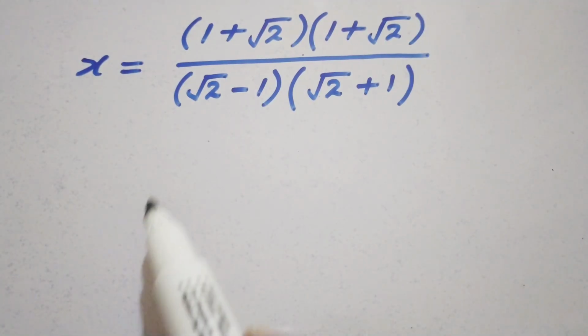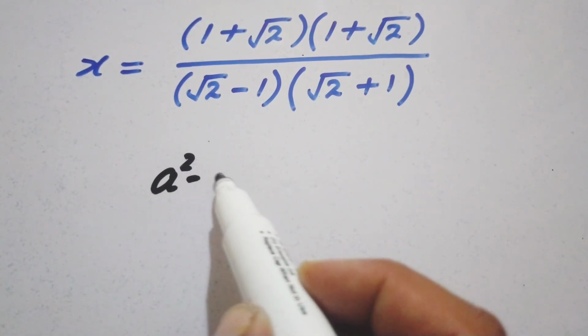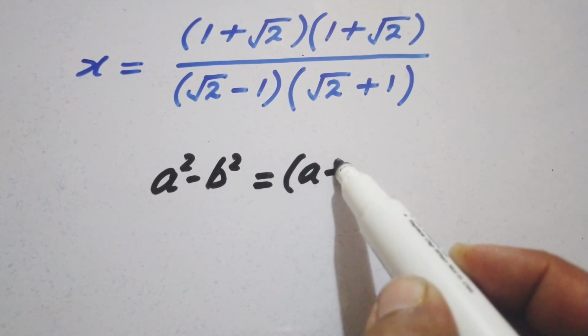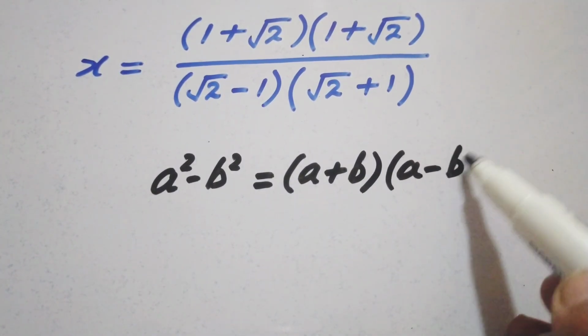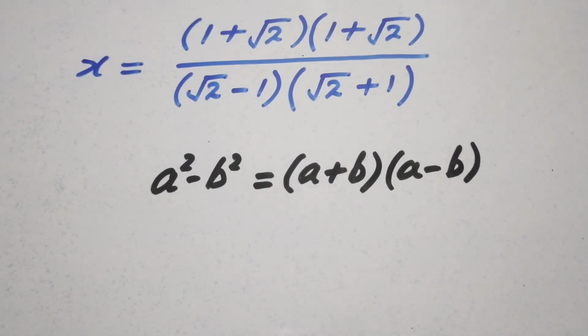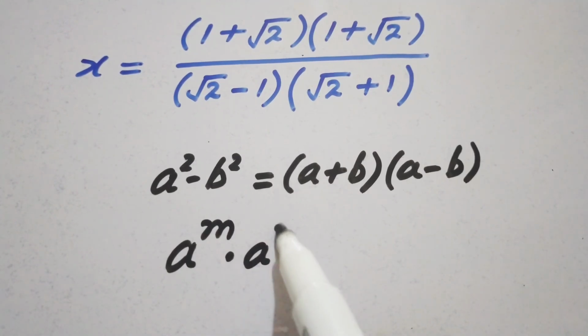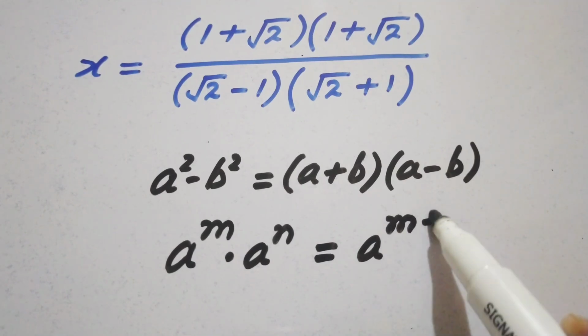Now from an algebraic identity we have that a squared minus b squared is equal to a plus b into a minus b, or we can write this as a minus b into a plus b. Another algebraic identity is that if we have a power m multiplied by a power n, then this is equal to a power m plus n.